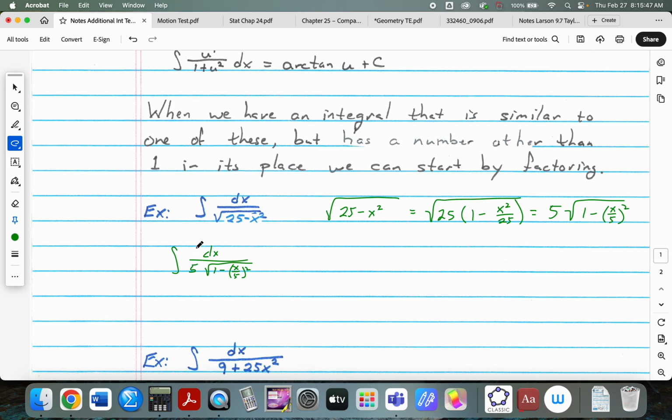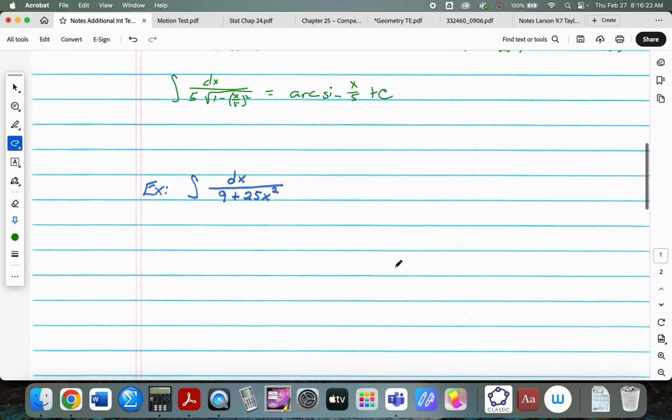Even though this 5 is here, isn't that the same as putting a 1/5 in the numerator? So we do have that. So once I've done all of that work, this is just the arc sine of x over 5 plus a constant. That makes sense? It doesn't always end up that nicely, but frequently it does. They tend to cook these up so that more often than not they end up nicely.